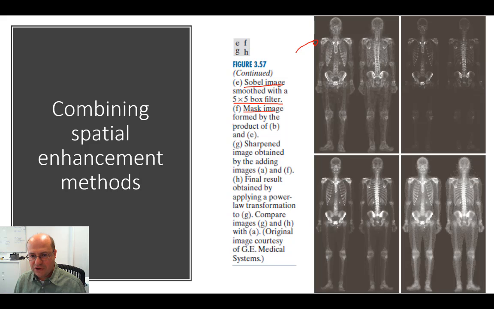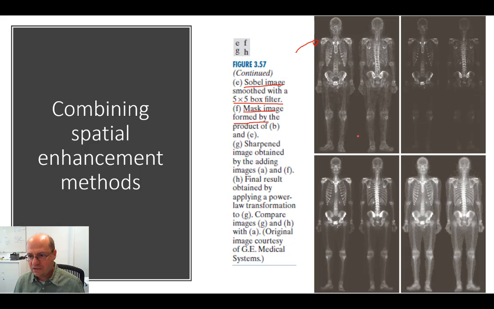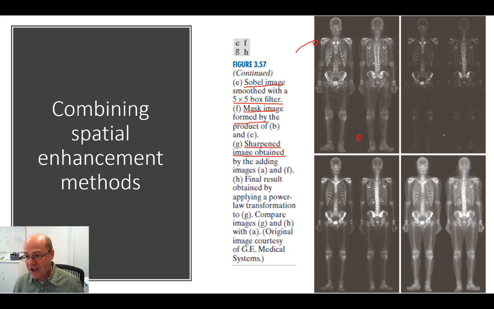We can do further manipulations with that, and you see this is masking, the image formed by the product of B and E. So we are multiplying B and E to find a mask, which is just a frame for the image, and then we can use that to sharpen the image by adding A and F. So we get A, the original image, and just add the F image to get this.